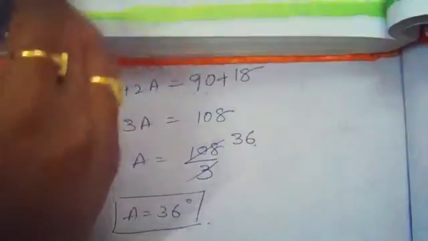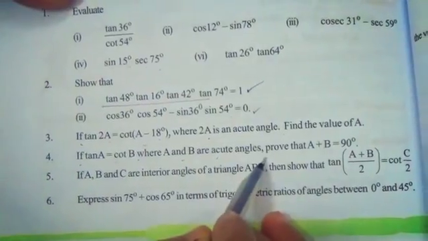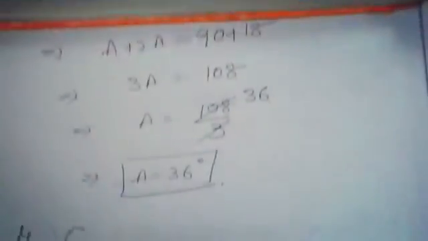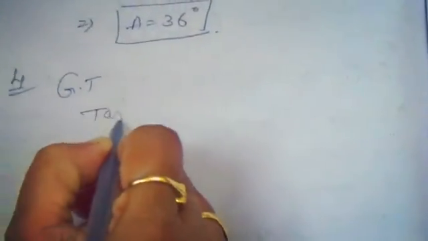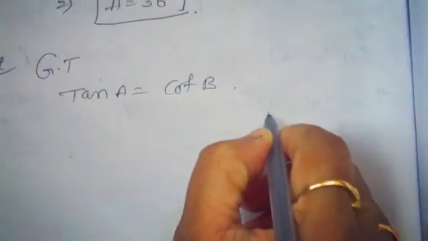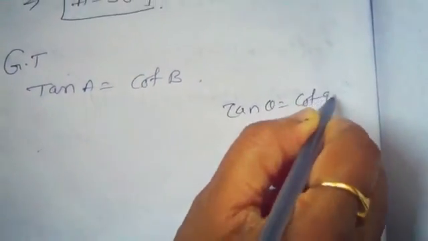Okay, here we finished. The fourth sum, look at here. If tan A is equal to cot B, where A and B are acute angles, hence prove A plus B is equal to 90 degrees. Given that tan A is equal to cot B. We know that tan theta is equal to cot (90 minus theta).